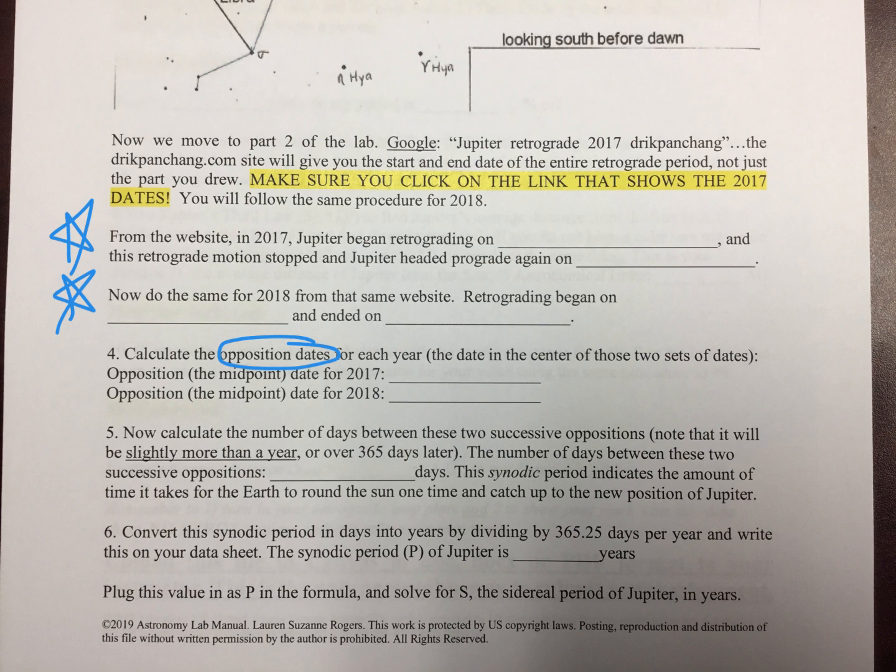First, you will find the number of days between the 2017 opposition and the 2018 opposition, your number 4 dates that you have here. Notice that since we're going from 2017 to 2018, it's a little over a year, more than 365 days. You will then convert your number of days into years.